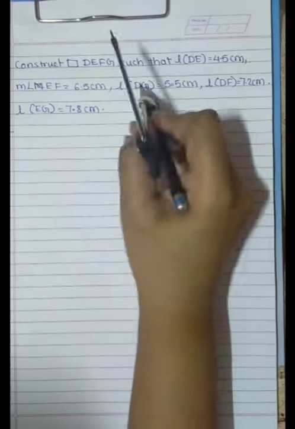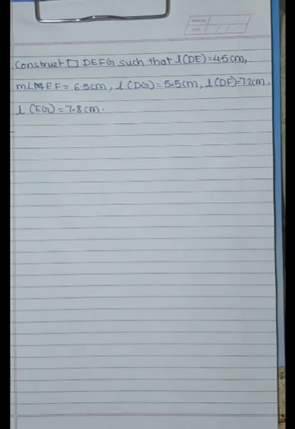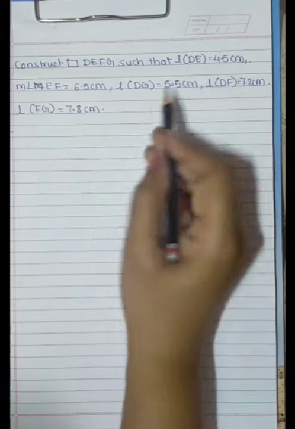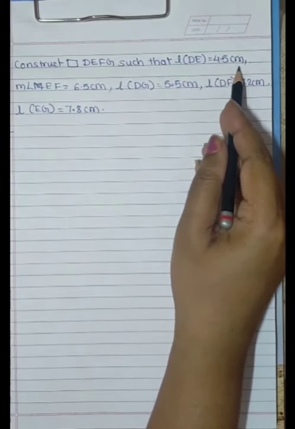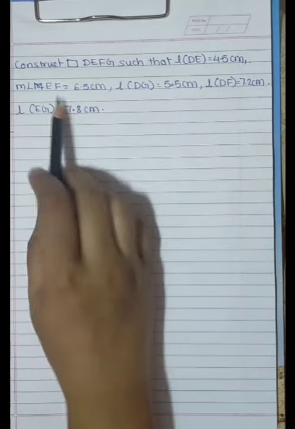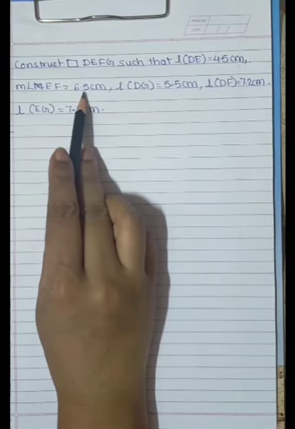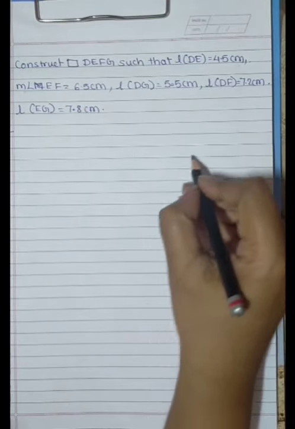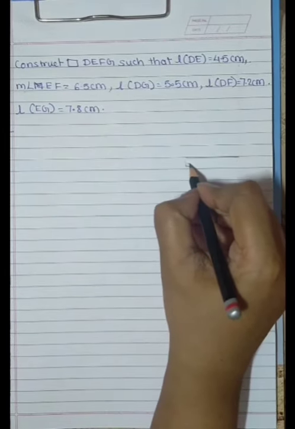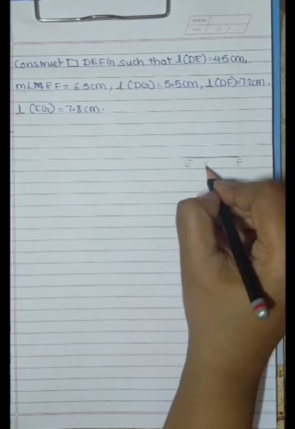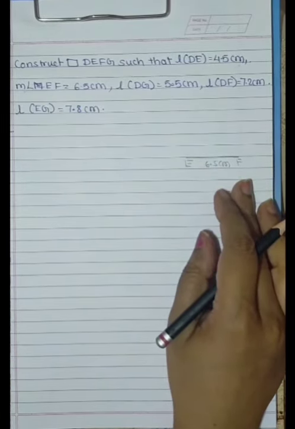So first, what is given? Length of DE is equal to 4.5 centimeter. Now here EF is equal to 6.5 centimeter is given. So we'll take here EF equal to 6.5 centimeter. Now what is given?